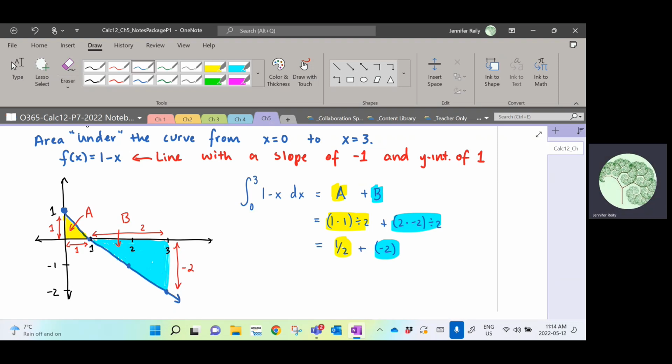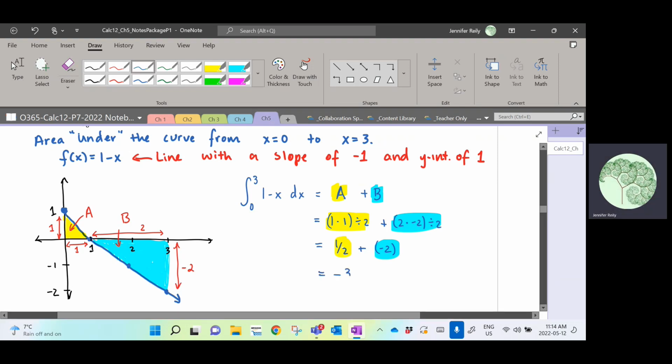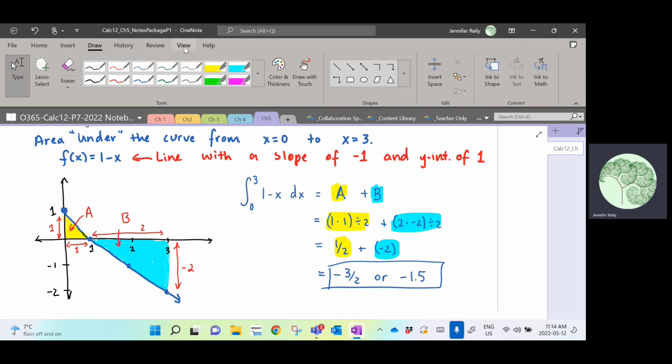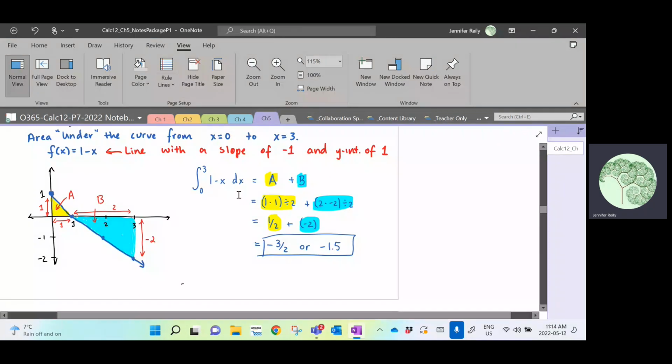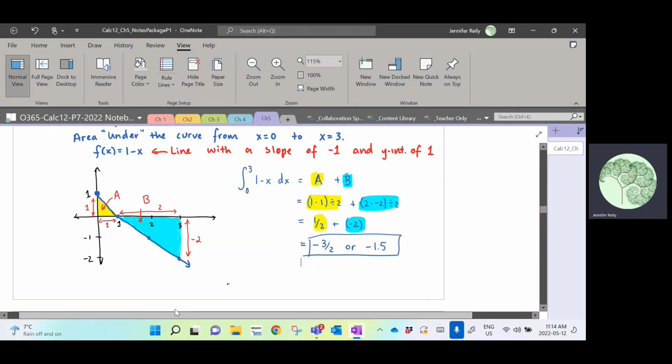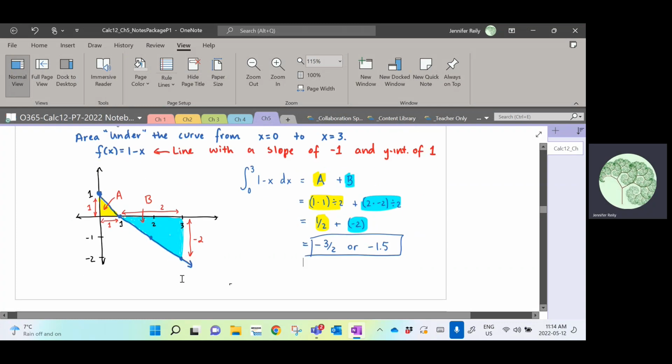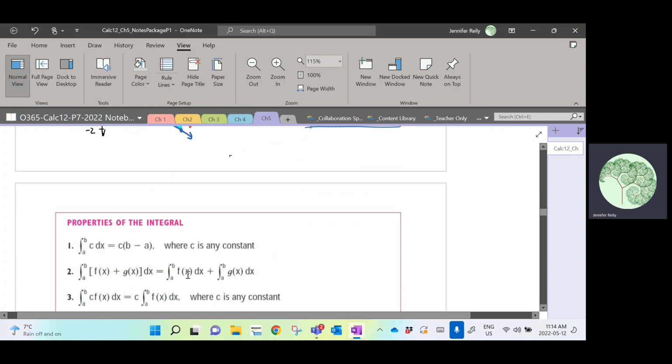Adding up those two together, we get -3/2 or -1.5 as my area. So the area between the curve and the x-axis is -1.5. Before today, you might not have thought that areas could be negative, but they can be when you're talking about a graph. Okay, let's go to the next page.